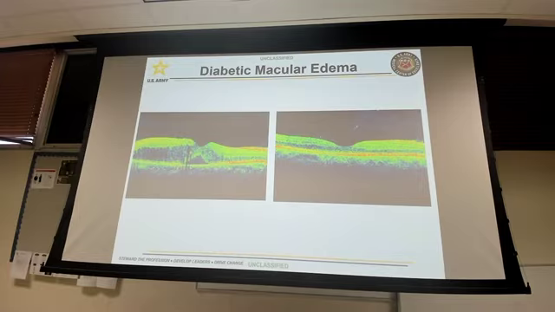All right, here's an OCT of the retina. And on the left side, that little, it's almost like a triangle, pyramid looking white space right here. There's fluid that's collected there. And then the right picture is after a patient has gone through treatment, and that macula kind of resembles a more normal looking macula.